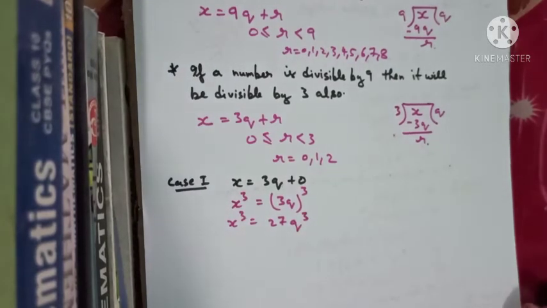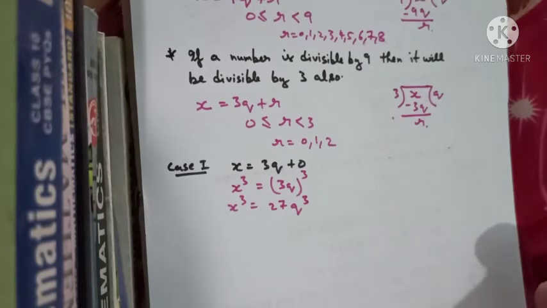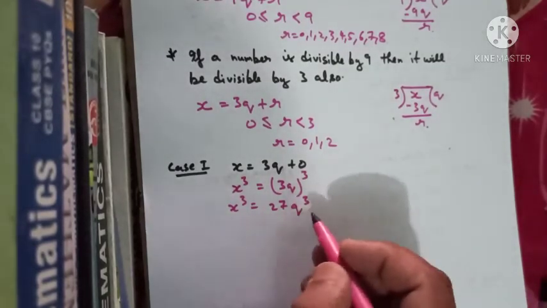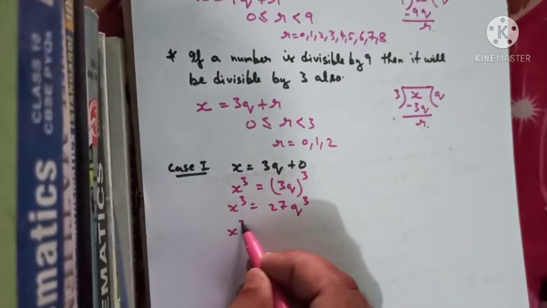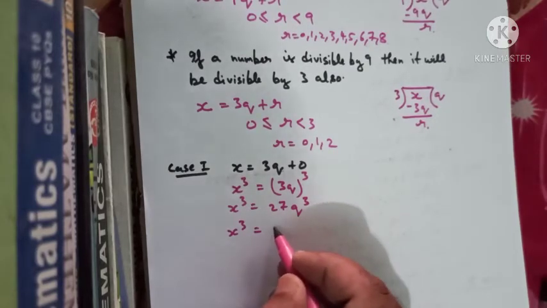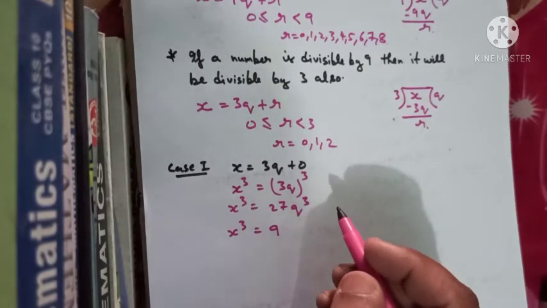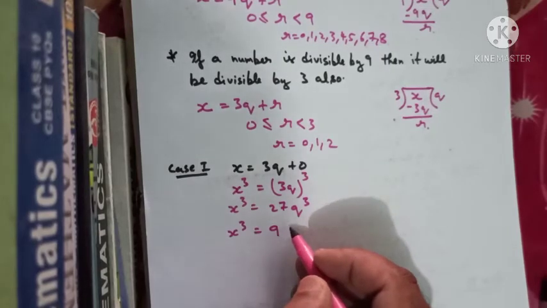And if it is 27q cube, it can be written as 9 times 3q cube, since we have to show it is of the form 9m, so 9 we can take out.